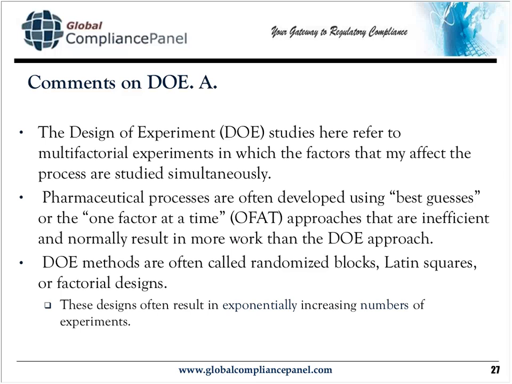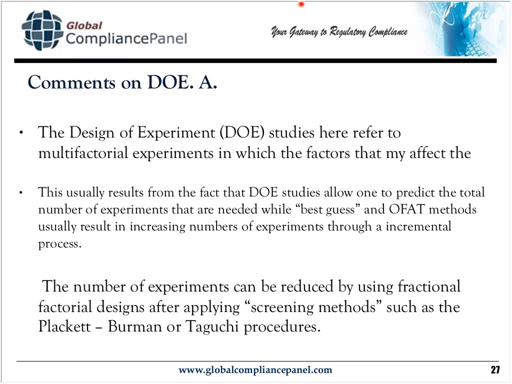When you look at DOE methods, sometimes you hear them called randomized blocks, Latin square designs, factorial designs. Often you get an exponentially increasing number of experiments, and this is what scares management.